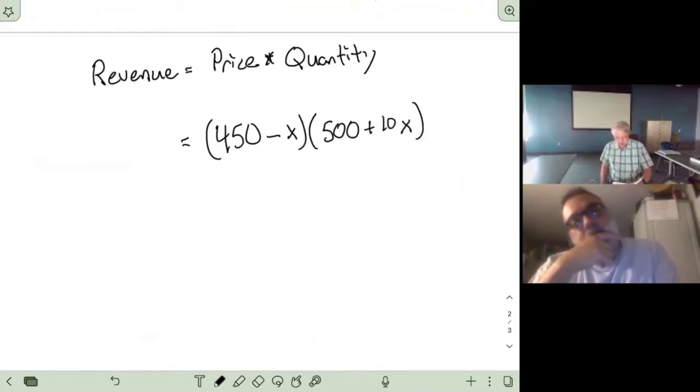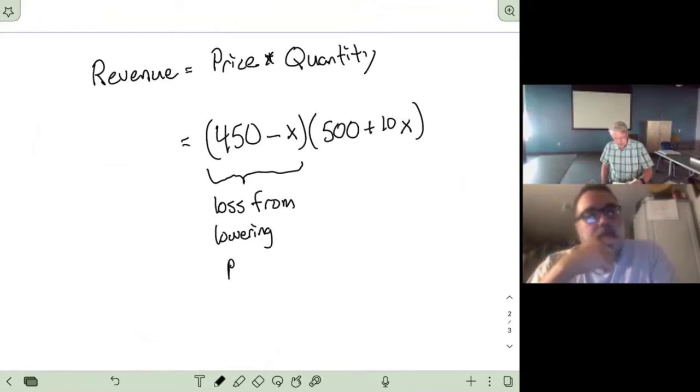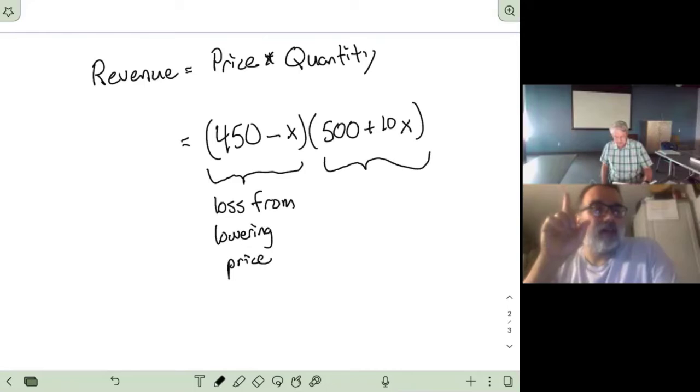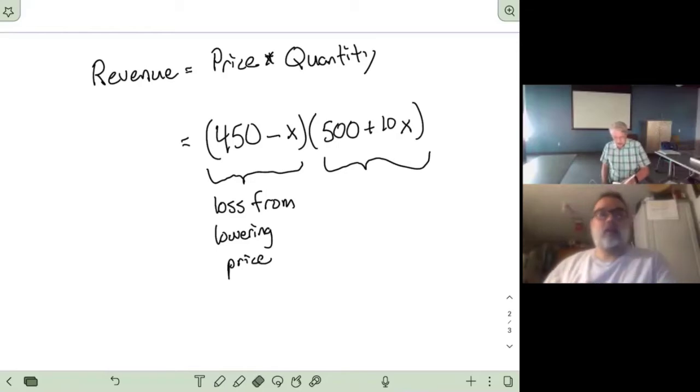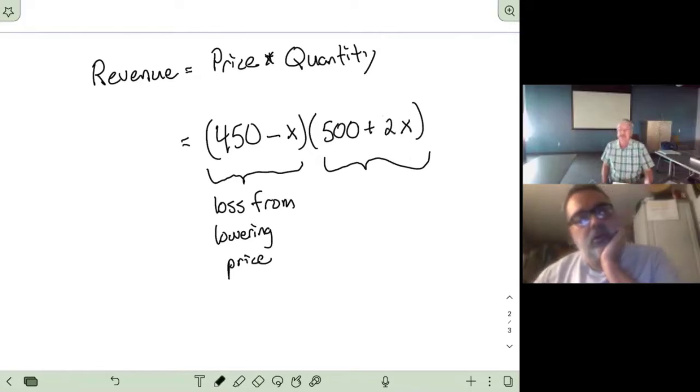And so this is the loss from lowering the price. Oh, but the 10 was if we went down $5. Oh, that's right. So that's a good catch. Thank you. So per one dollar, then that would be two, if we wanted to think of it that way.